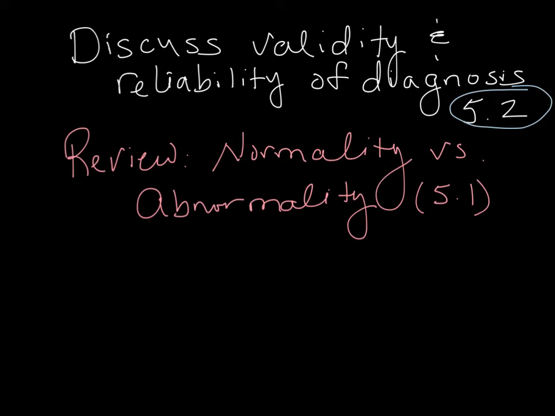As a review, or just to discuss quickly, in the last section we talked about 5.1. We were talking about normality versus abnormality in psychology, and we defined what normality was, we defined what abnormality was, and we looked at how using a statistical deviation from a norm to help us rely on what is normal and what is abnormal isn't necessarily the strongest way to approach looking at normal versus abnormal.